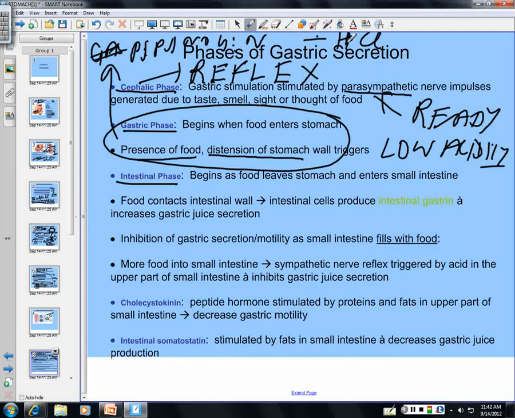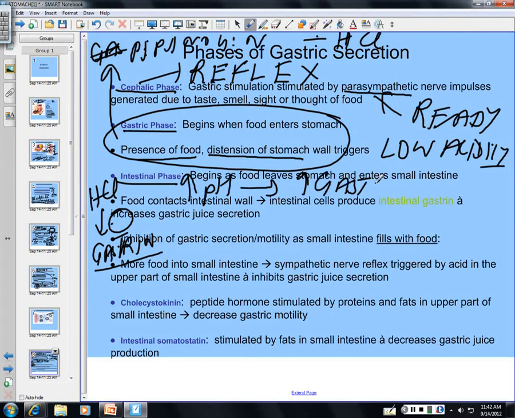Now, when the stomach becomes highly acidic, HCl, then remember it will inhibit gastrin secretion. Okay? When the stomach has high pH, it will stimulate gastrin secretion. Very, very interesting. So when protein-rich foods enter the stomach, of course, the pH of the gastric contents will increase.